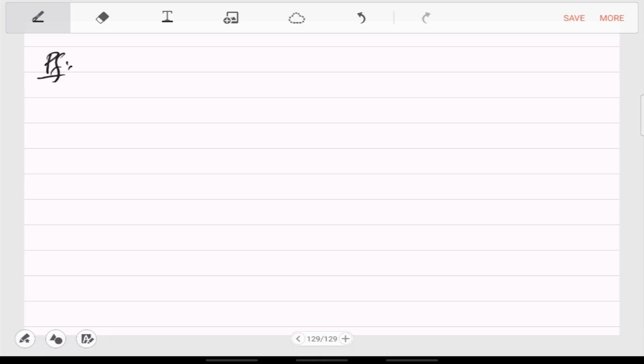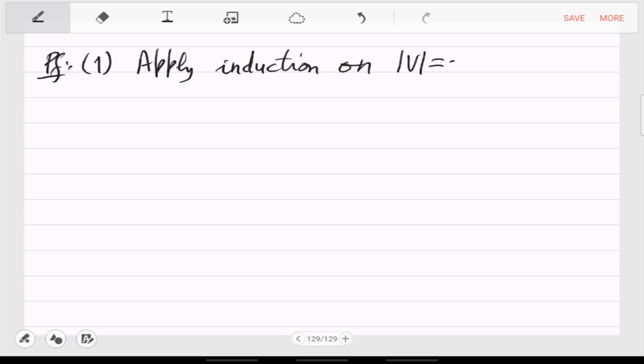So for the first property, let's apply induction on the number of vertices, which we'll call n, of the graph G. What is the base case for induction?